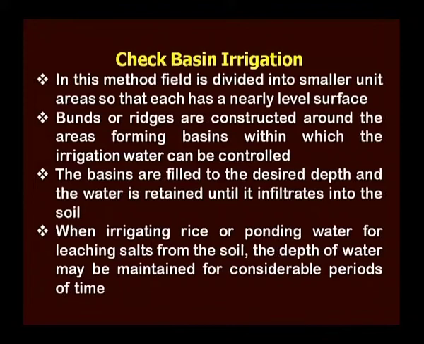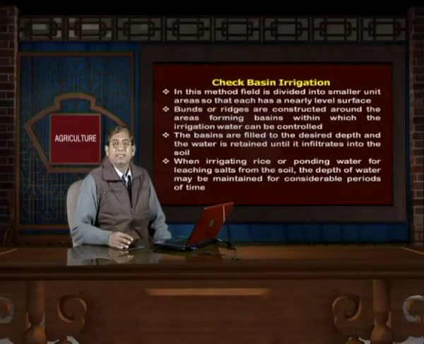When irrigating rice or ponding water for leaching salts from the soil, the depth of water may be maintained for a considerable period of time. Since the check basin requires more time to infiltrate the water into the root zone, this method is better for rice cultivation. Moreover, whenever the leaching of salts is required, the check basin method is more suitable in comparison to boulder strips.